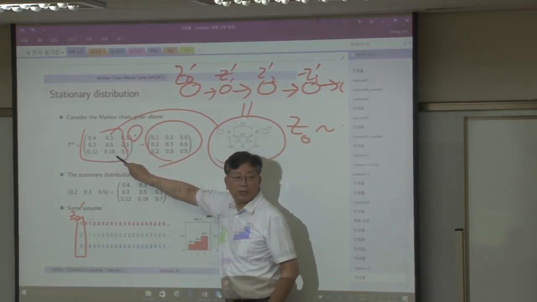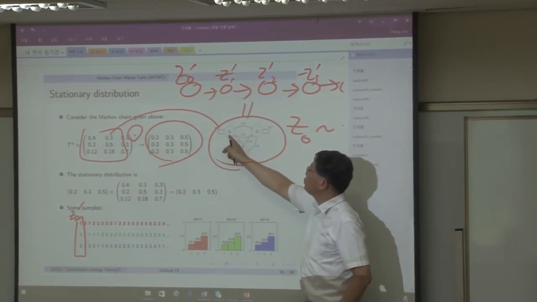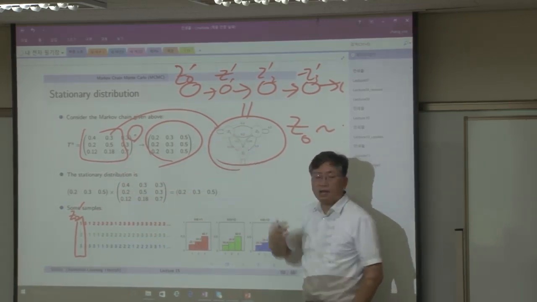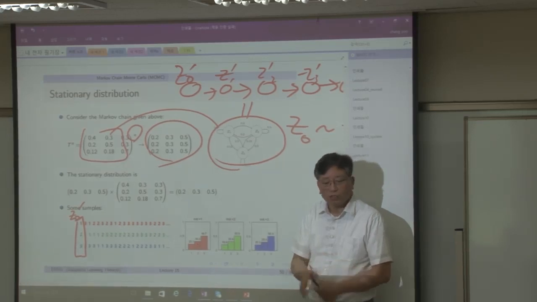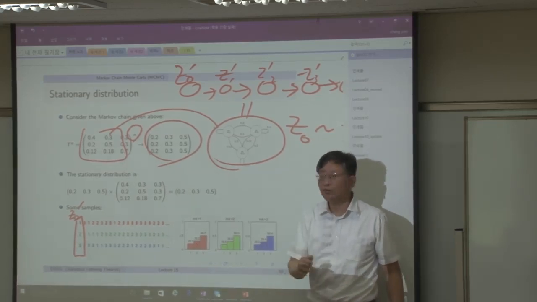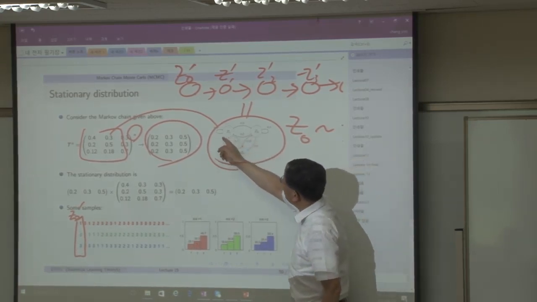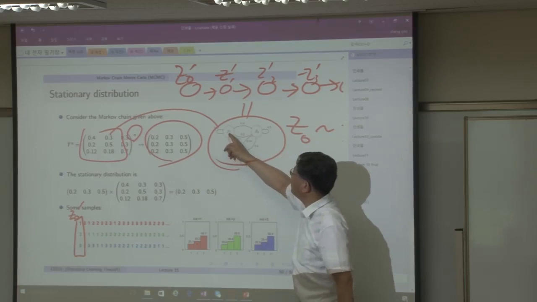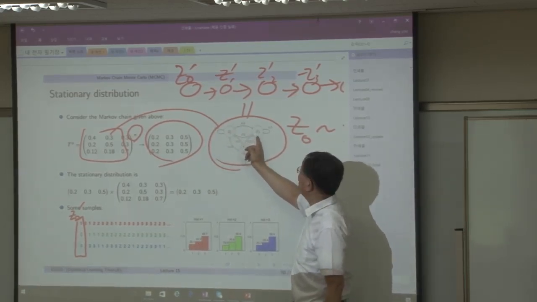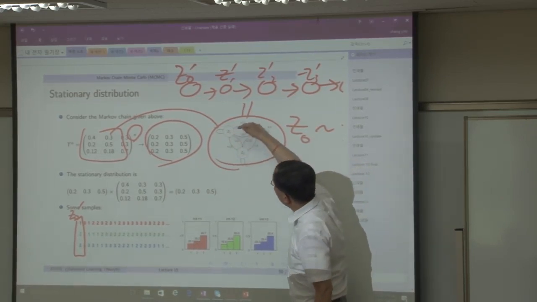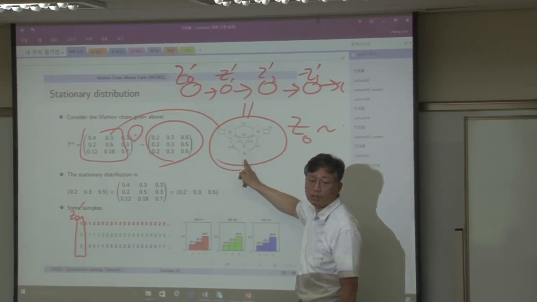Let me explain what this is. You do Z1, and let's say you have a three-sided coin or a dice. You roll it, and with probability 0.4 it stays there. With probability 0.3 you get Z2, and with probability 0.3 you can be in Z3.